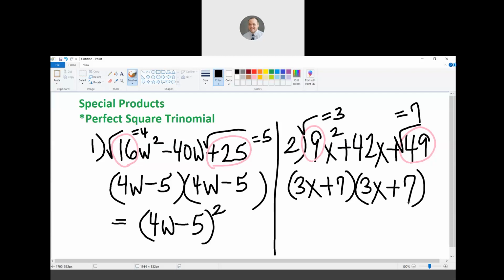Our final answer, because we got 2 of the same base, is parentheses 3x plus 7 quantity squared. So that's how you factor a perfect square trinomial.